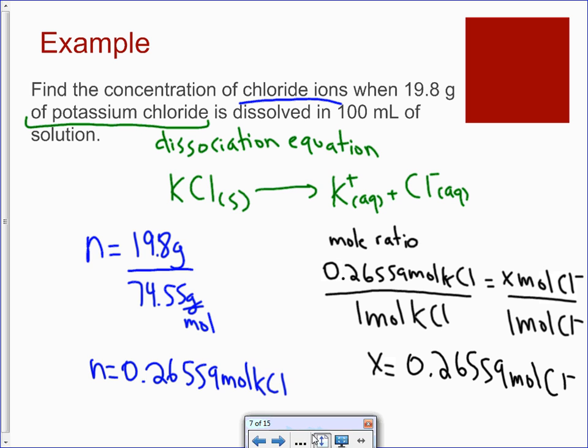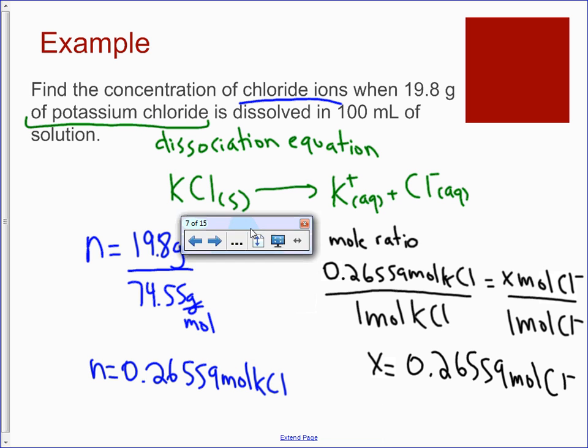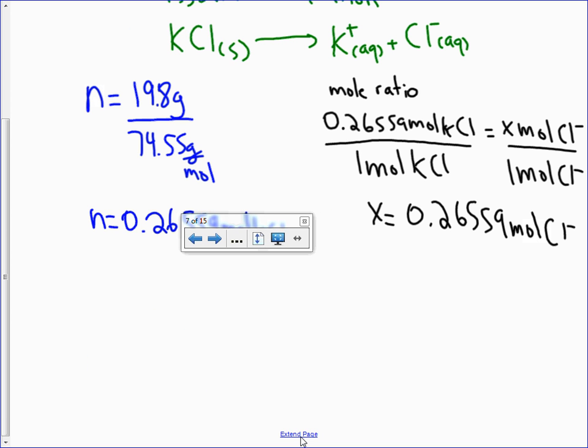Now, last thing that we'll need to do is calculate the concentration of chloride ions that we have in solution. So to calculate that concentration, we will use our C is equal to n divided by V. We've just calculated the number of moles of chloride ions.